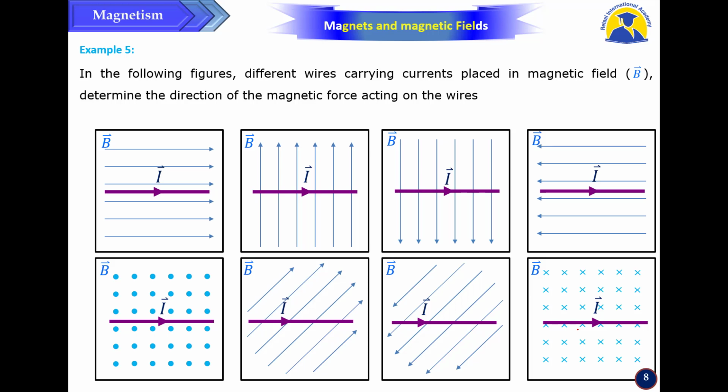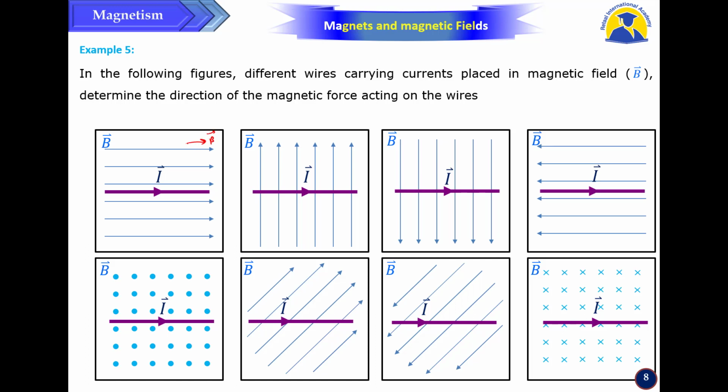Okay, let's answer some questions. Example 5. In the following figures, different wires carrying current are placed in magnetic field. Determine the direction of the magnetic force acting on the wire. For the first case, we use the right hand rule. The direction of magnetic field is to the right.